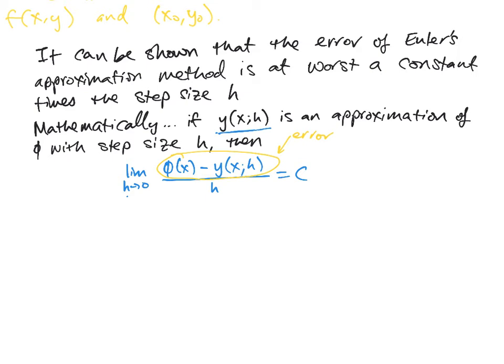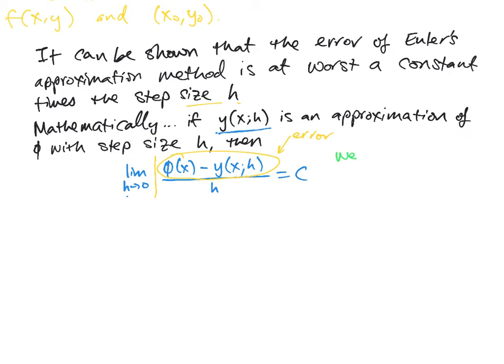Think about if I flipped it. I said before that the error is at worst a constant times the step size h. And so here's my constant, and if I flipped the h over, that would be constant times h. But I'm writing it this way because it makes more sense in the limit. So the limit as my step size h gets small of this whole quotient is going to equal a constant.